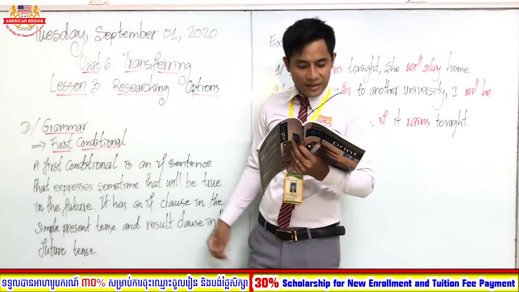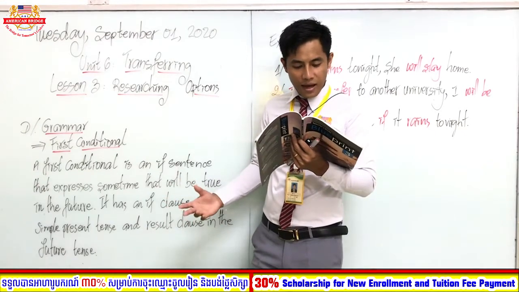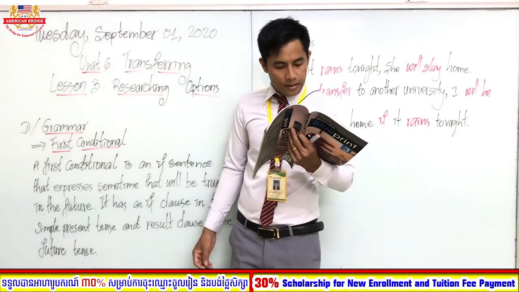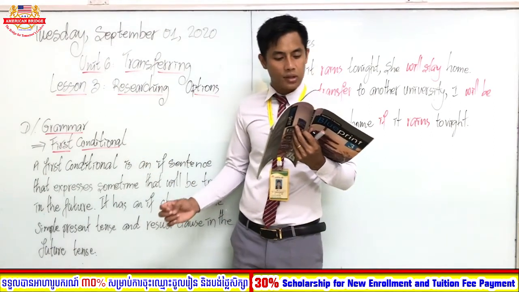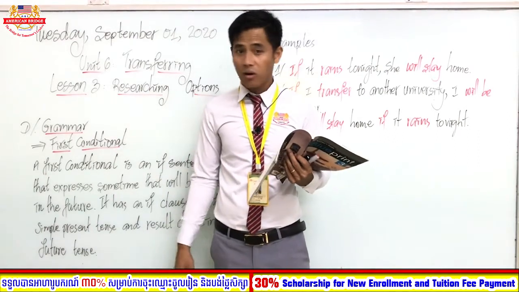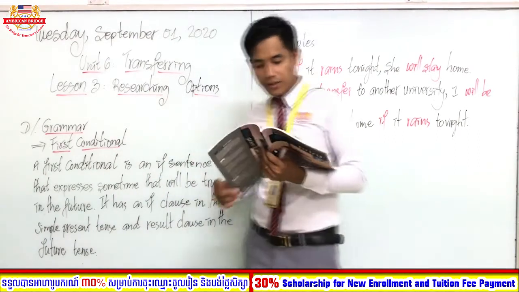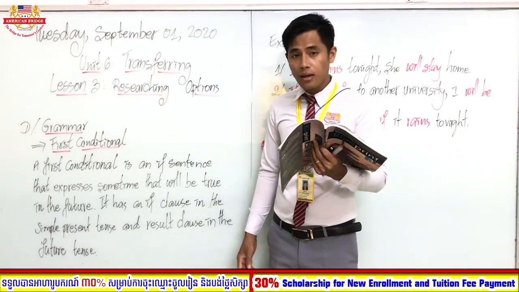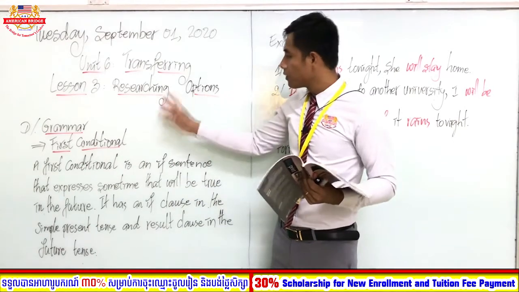Assistance means help, and discover means to find or learn. Continuing education means taking part-time classes or courses. Good, students. The teacher believes that you still remember all of this vocabulary.